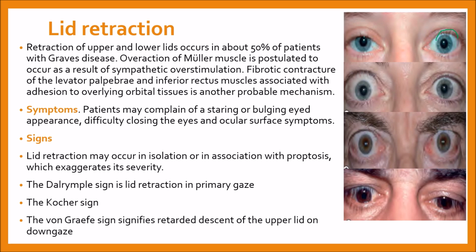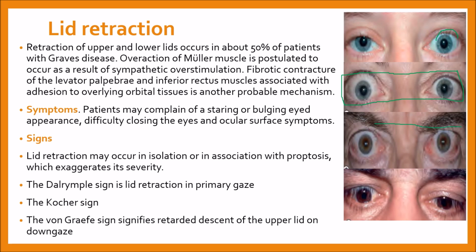The Dalrymple sign is lid retraction in the primary gaze, and it is seen here. You can see the retracted lid in the primary gaze, and this is Dalrymple sign. Then is the Kocher sign, which describes a staring and frightening appearance of eyes, which is particularly marked on attentive fixation.